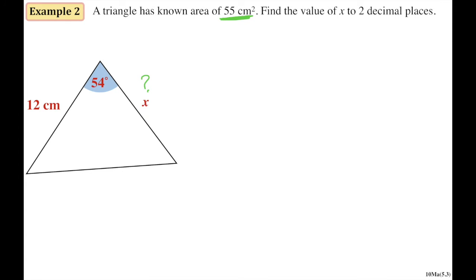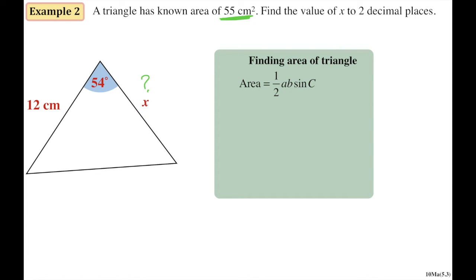So let's look at what we can do here. If I use this formula, the area of a triangle is a half ab sine C. Well, this is what I can create. I know the area. The area is 55. So the area becomes 55 because I'm told up here the area is 55.